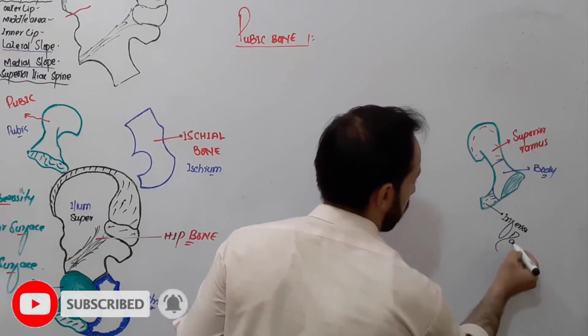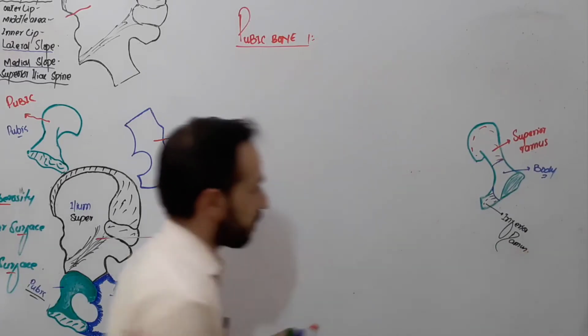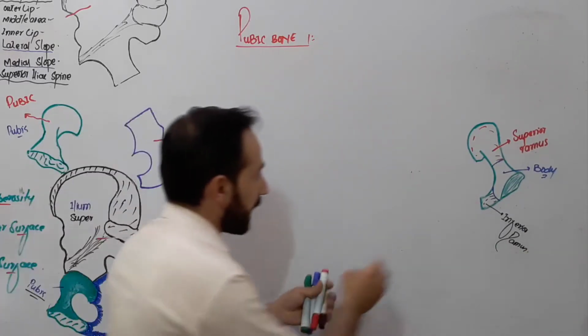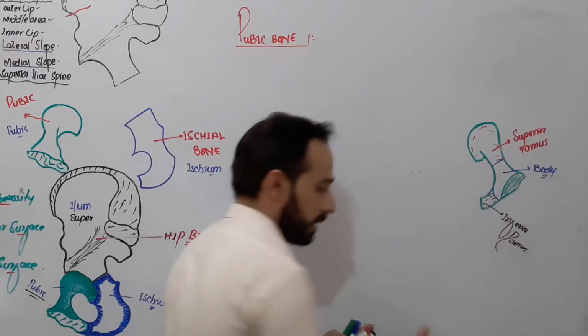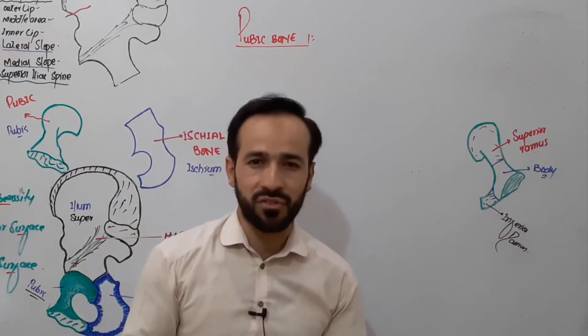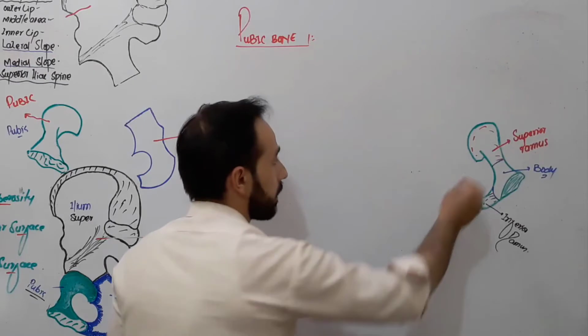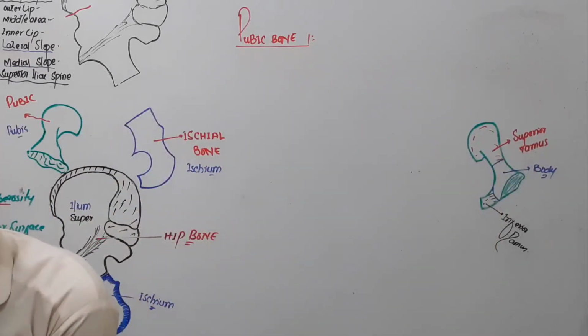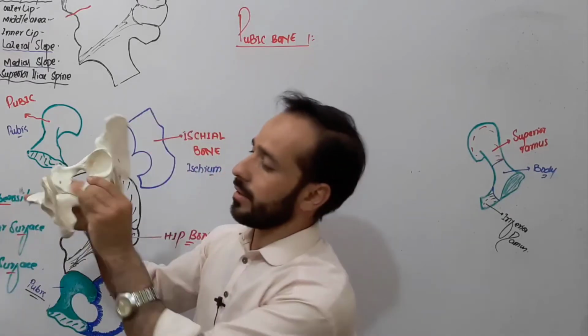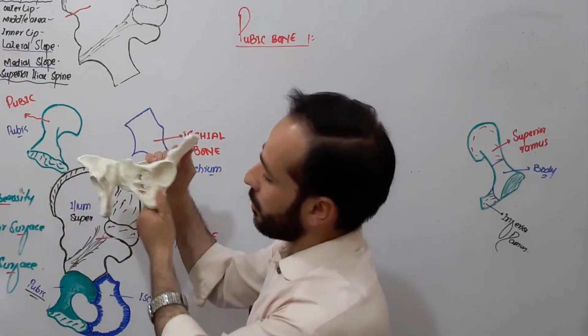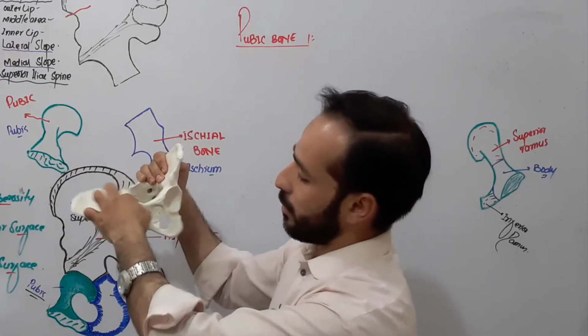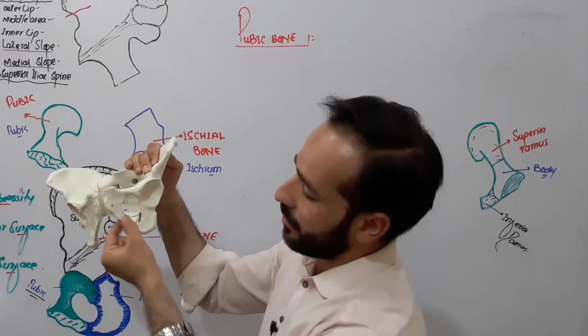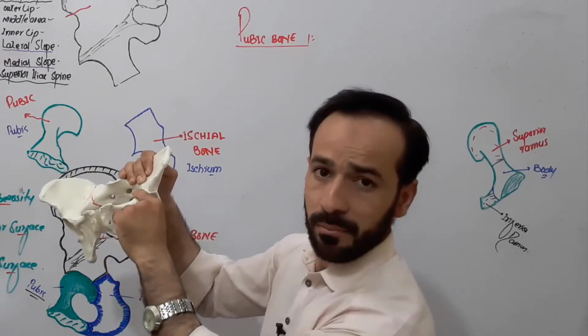Inferior ramus, right? Now look carefully what I am going to tell you. The body makes the pubic symphysis joint, right? And this is the body, this is the inferior ramus, this is the superior ramus, right?